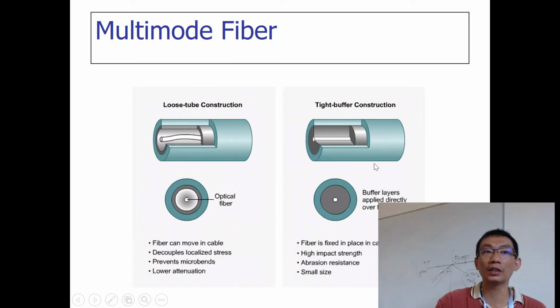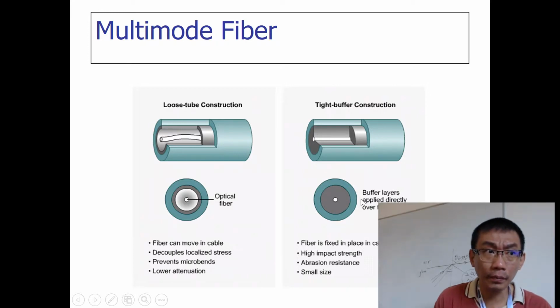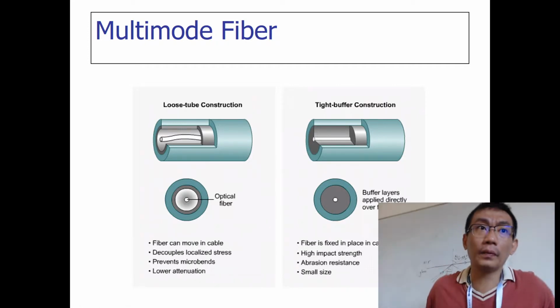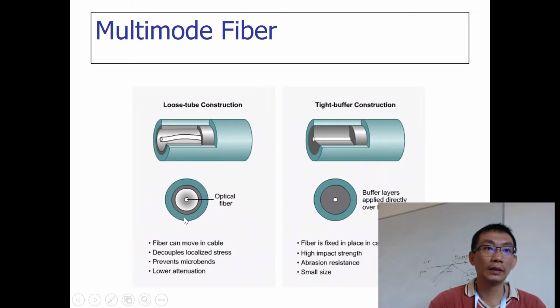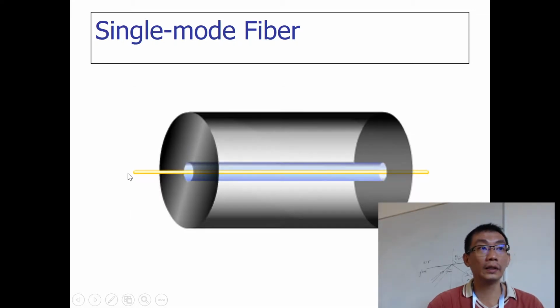Tight buffer construction is for high impact strength, for certain installations. Alright, in a single mode fiber, you can see the core is very small.